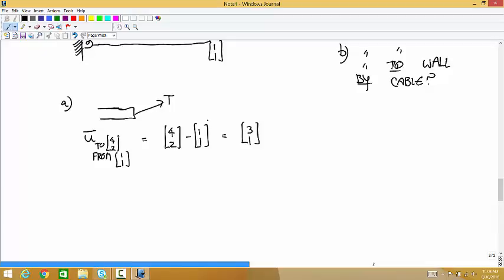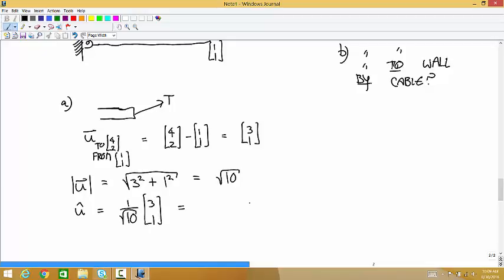Okay, so that's a vector in the right direction, but it's the wrong magnitude. We want the magnitude to be T. So first we're going to come up with a unit vector in this direction, which you do by taking the magnitude, so root 10, and then the unit vector is 1 over root 10 times that vector, so you get 3 over root 10, 1 over root 10.